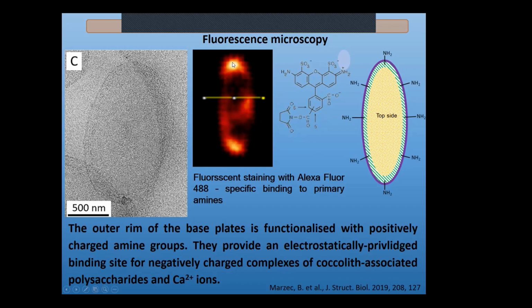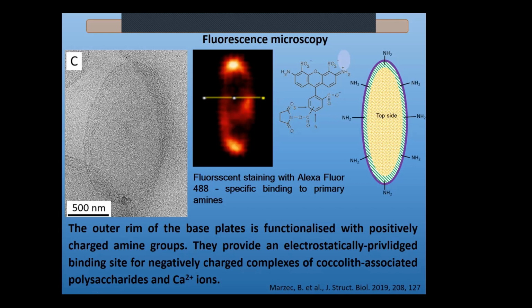And this is actually what we see here. So this is a base plate that was reacted with a fluorescent dye that had this N-hydroxysuccinimide, and we got staining around the rim. The stain is not perfect, but it's very much dominant on the rim, and it is as good as you can get when doing the reaction on a surface.